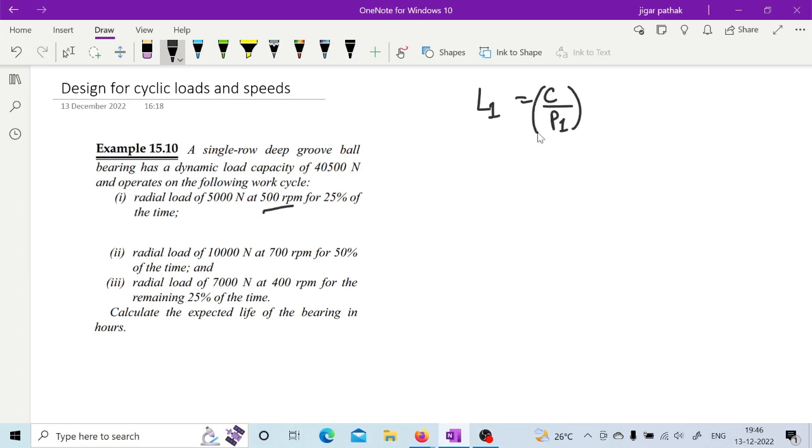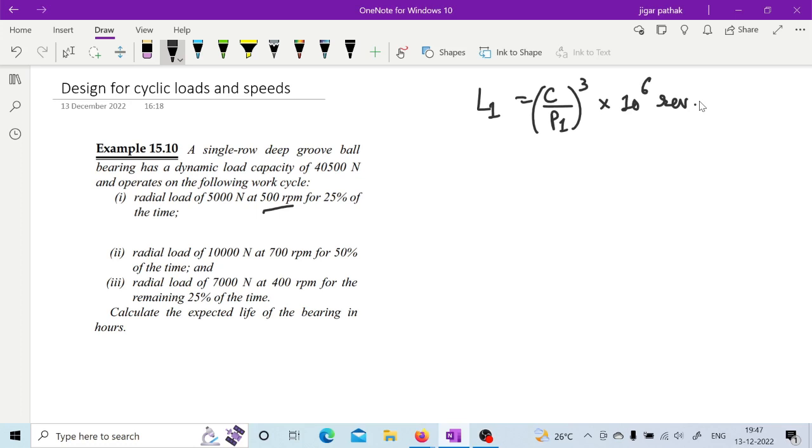For L1 we can write, if we consider a ball bearing, it will be (C by P1) cubed times 10⁶ revolutions. So this life would be L1 if only P1 is acting on the bearing.